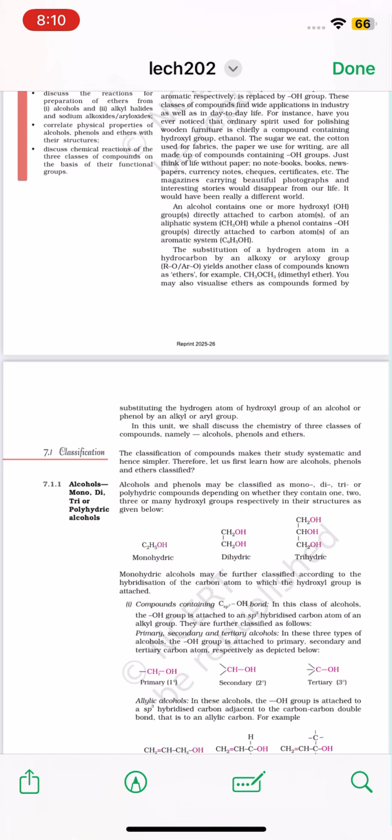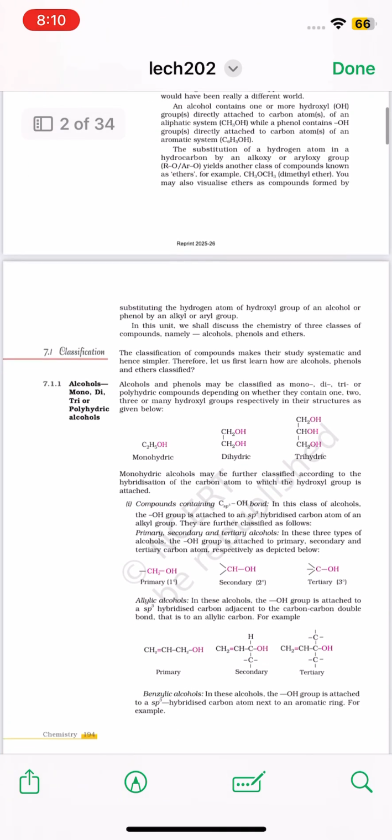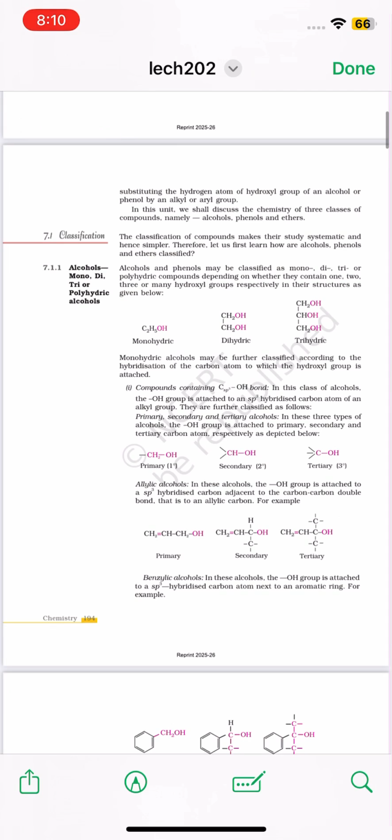For example, CH3OCH3, dimethyl ether. You may also visualize ethers as compounds formed by substituting the hydrogen atom of the hydroxyl group of an alcohol or phenol by an alkyl or aryl group.